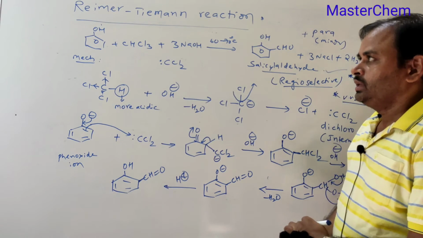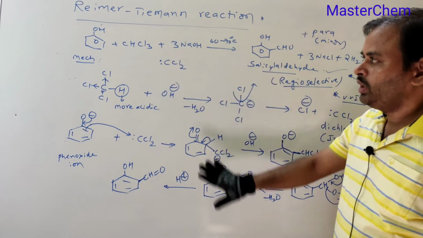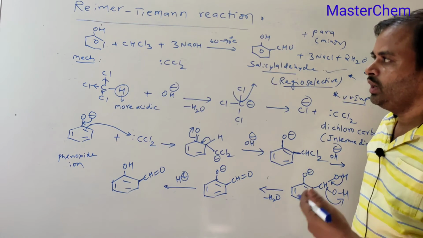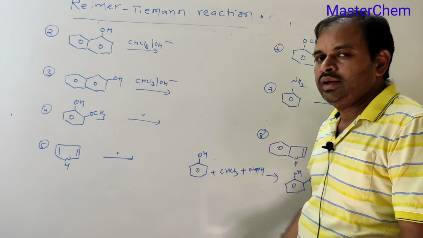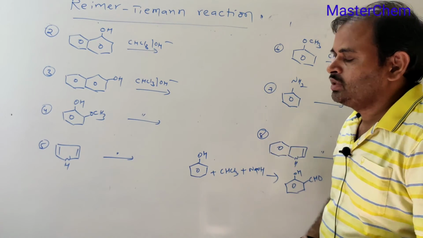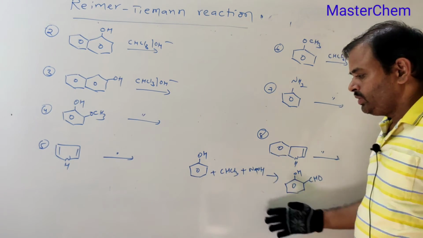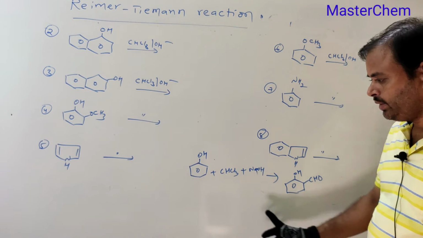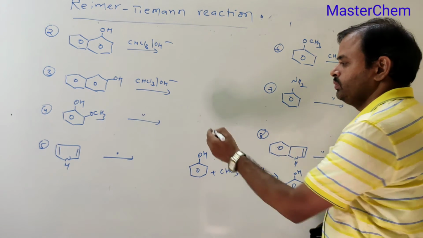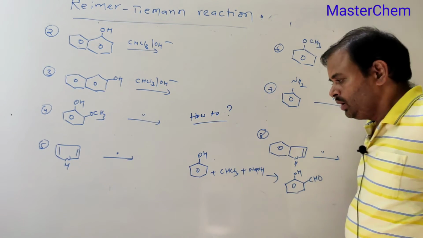So let us discuss some more examples. Here only one example we have discussed. Applications of the Reimer-Tiemann reaction. We have already discussed this reaction, phenol converting to salicylaldehyde. How to write the product?